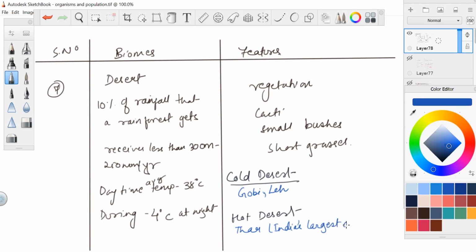And Sahara, in Africa, is the world's largest. Okay, Thar is India's largest and world's largest desert is Sahara. So all kinds of xerophytes you will find in the desert.